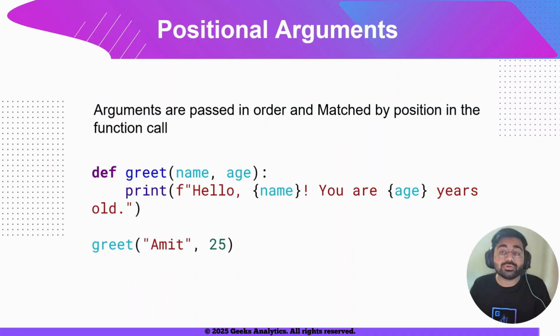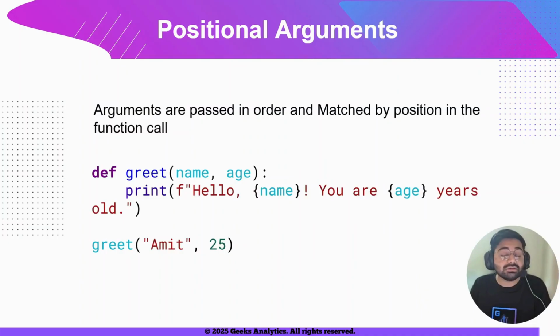Positional arguments are the most basic form of arguments. The value assigned depends on the position of the argument in the function call. In the last session, if you remember, we only saw one parameter. Now here, let's say we have two parameters and we have two different arguments to pass. If you observe closely, the two parameters are name and age.